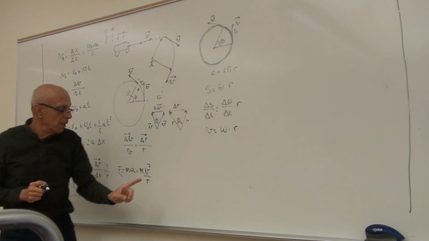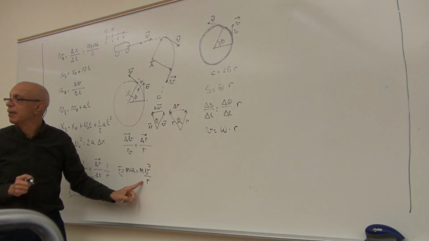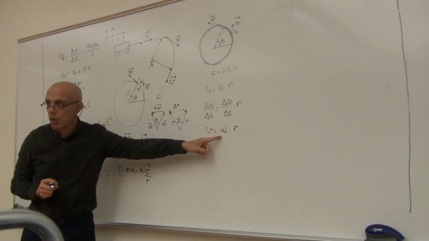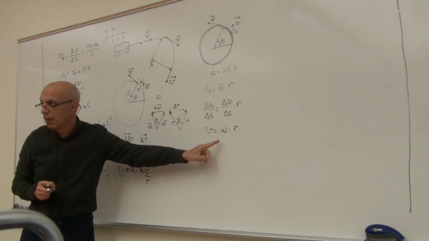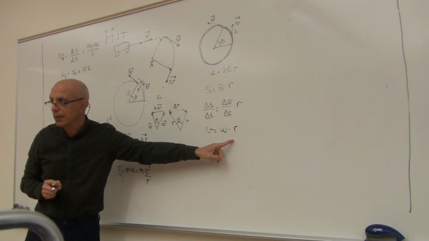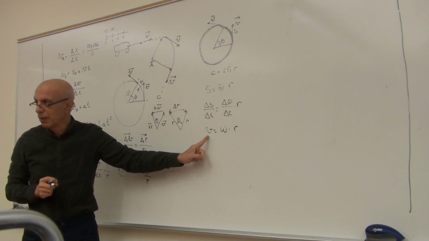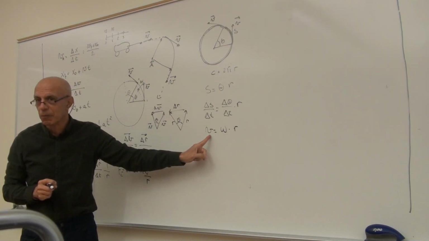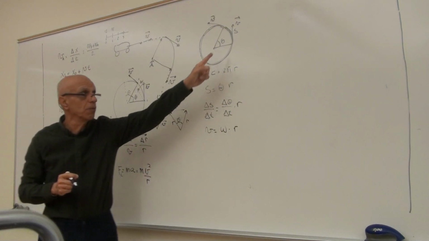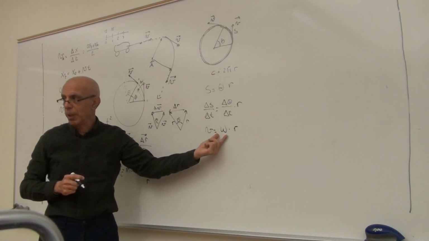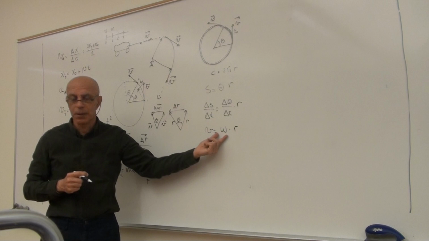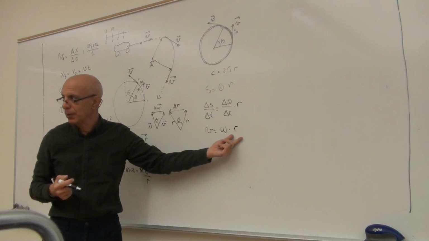Now, I can plug that in here. You see that? I'm going to plug in this formula, v is equal to omega r, right? This is the tangential velocity. Omega is the angular velocity. R is the radius, right?